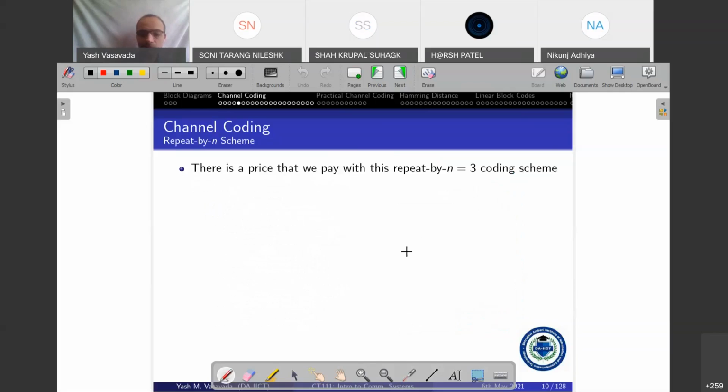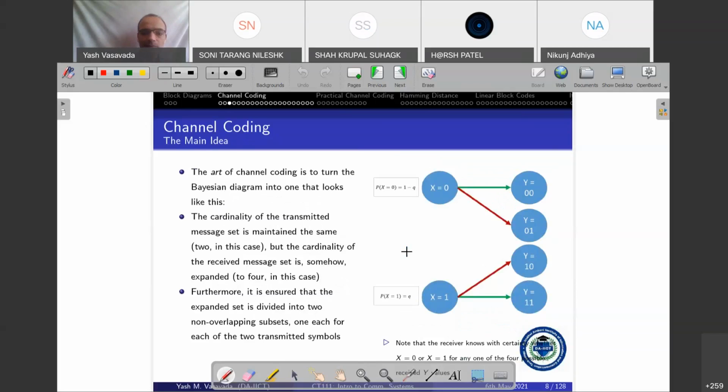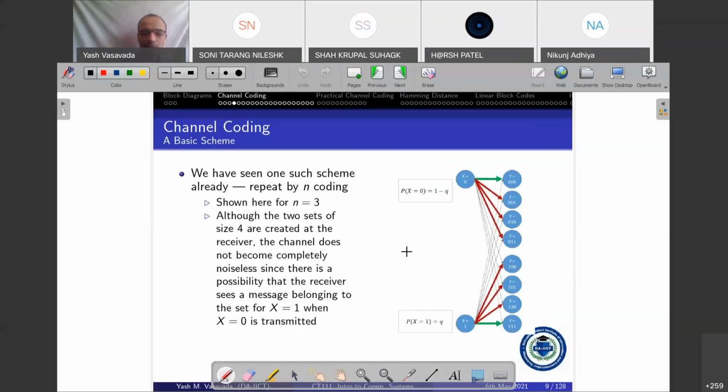Sir, please, one slide go back, please. Sir, while doing our labs, we had repeat by 3 coding. Sir, in our labs, we had 1, 0, 0 corresponding to x equals to 0, not x equals to 1. Because 0 is coming twice. Good, so good point. Very good point. Thank you. Who said this? Krupal, right? Yes, sir.